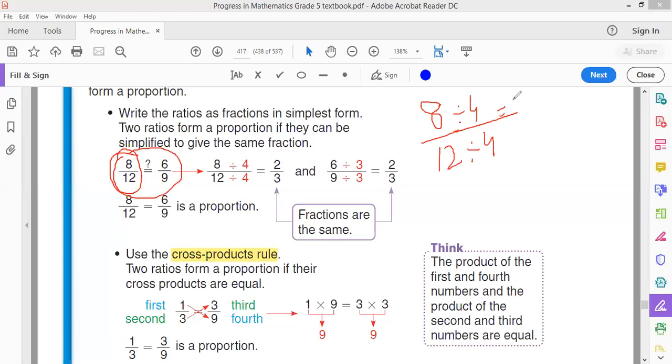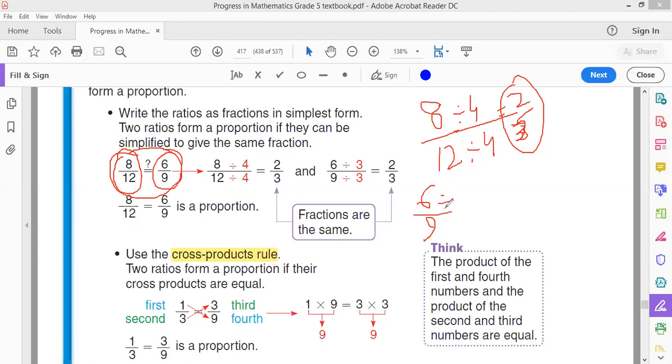8 divided by 4 is what? 2. And 12 divided by 4? 3. So here you got 2 over 3. Now take the other value, 6 over 9, and change it into simplest form.